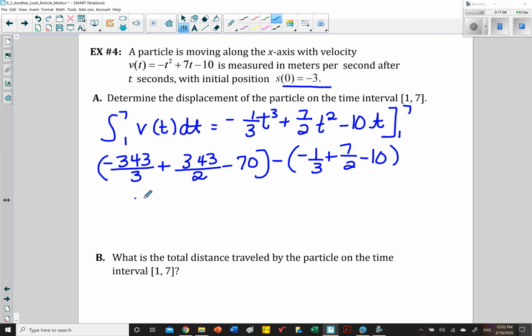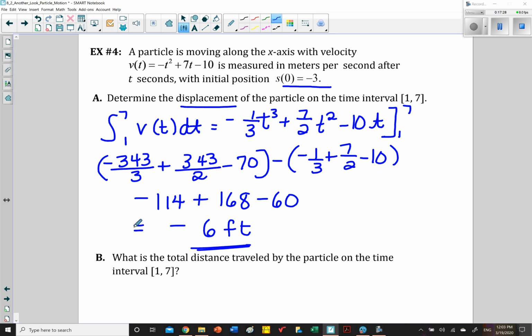This is -114 plus 168 minus 60. So I'm adding these together, and these together, which becomes -6 feet. So the displacement was 6 feet to the left.